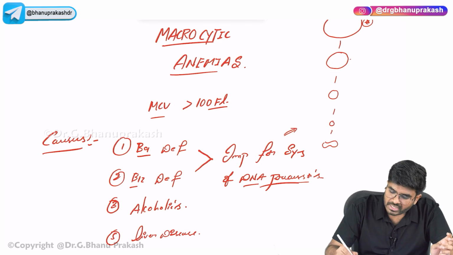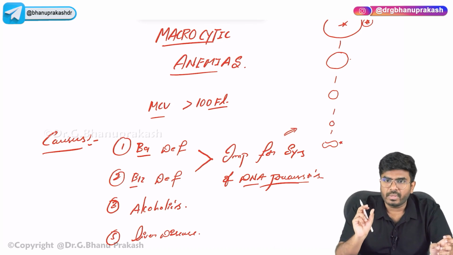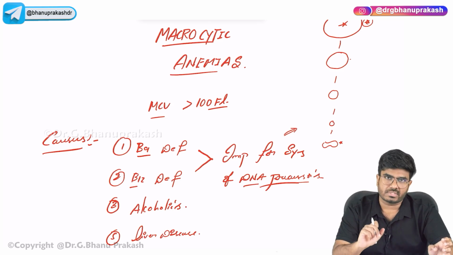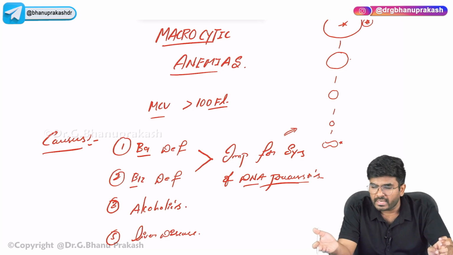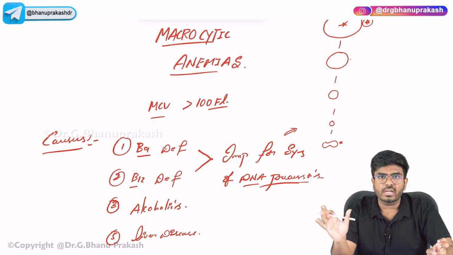One thing I want you to appreciate is that immature cells are bigger and mature cells become smaller. The more cell divisions, the more the cell size gradually reduces. Here, because of vitamin B9 and B12 deficiency, the DNA precursors are not synthesized, so there is no DNA replication. Without DNA replication, cell division is not happening properly. So the main problem here is cell division.